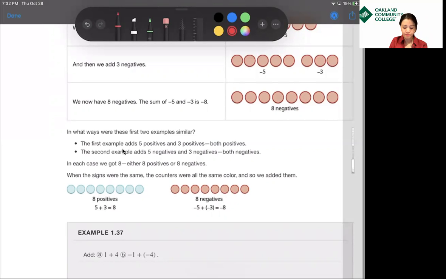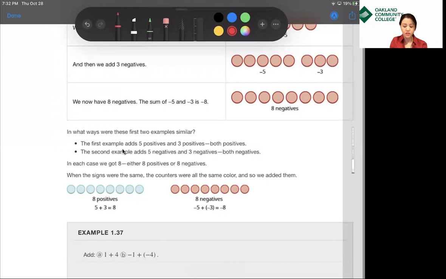Maybe you want to try it yourself. Pause the video a little bit and try it yourself. All right, I have 2 plus 4. Example A, 2 plus 4, all positive, which is 6. Example B, I have -2 plus -4. Maybe I don't need to put the parentheses around the -2.